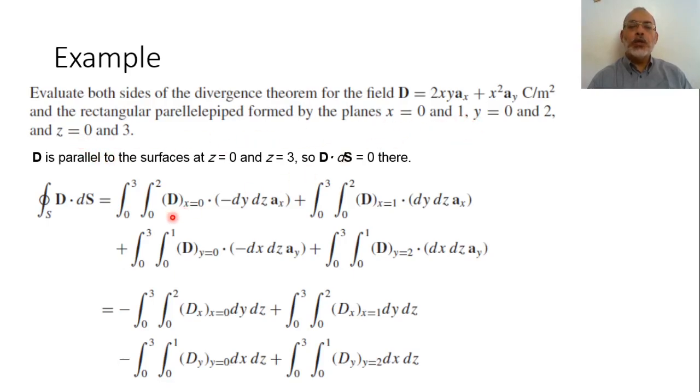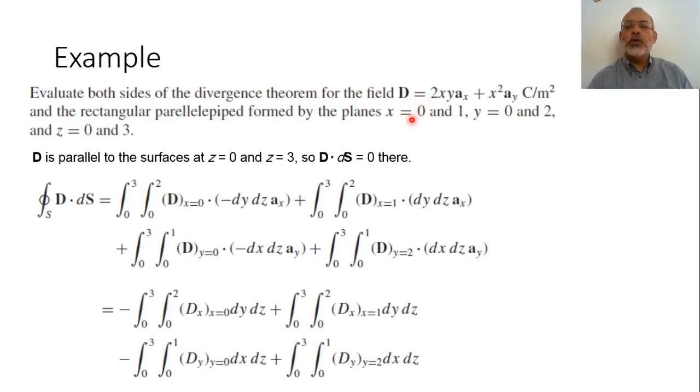So we are going to integrate along y and z in the negative x direction, with the limit of integration on y from 0 to 2, and on z from 0 to 3, and the value of x at any point on this plane is x equals 0.